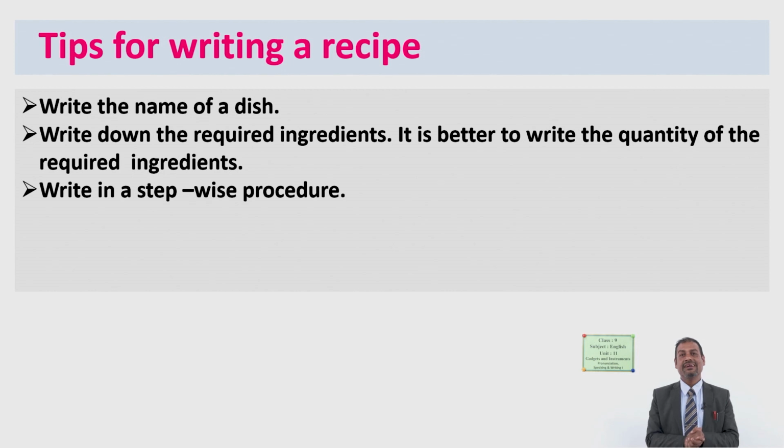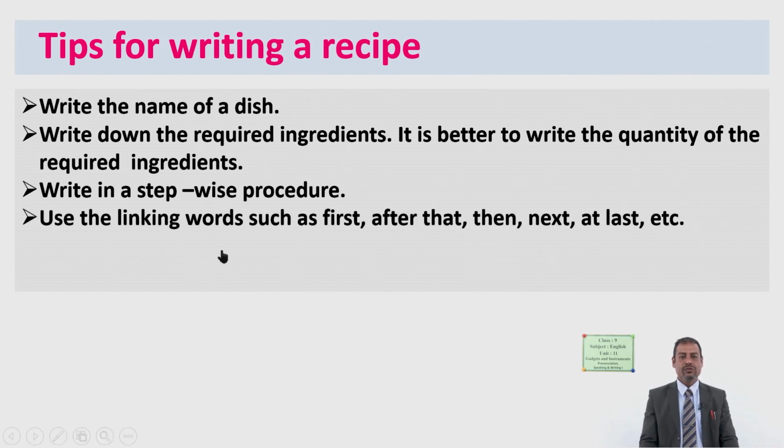So it is very risky also. Next, use the linking words such as first, after that, then, next, at last, etc. If you use these linking words, they maintain the sequential order. So we use them in giving instructions too.